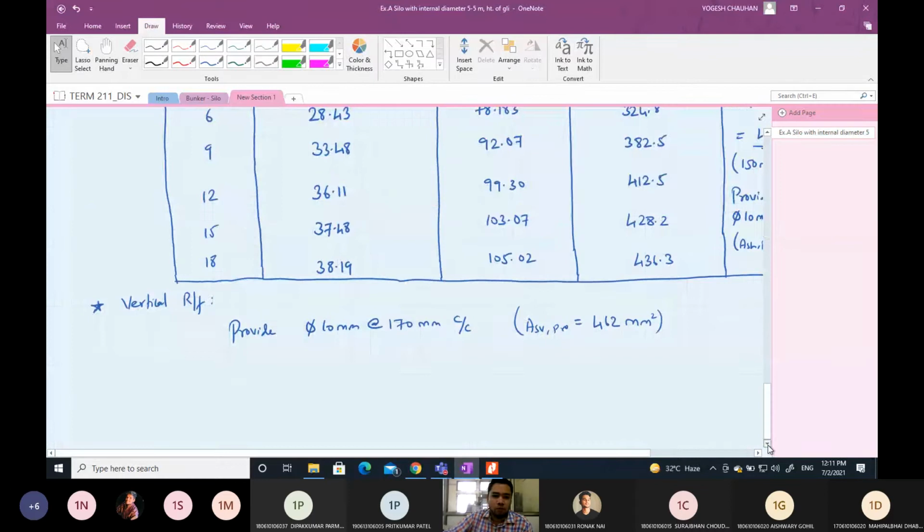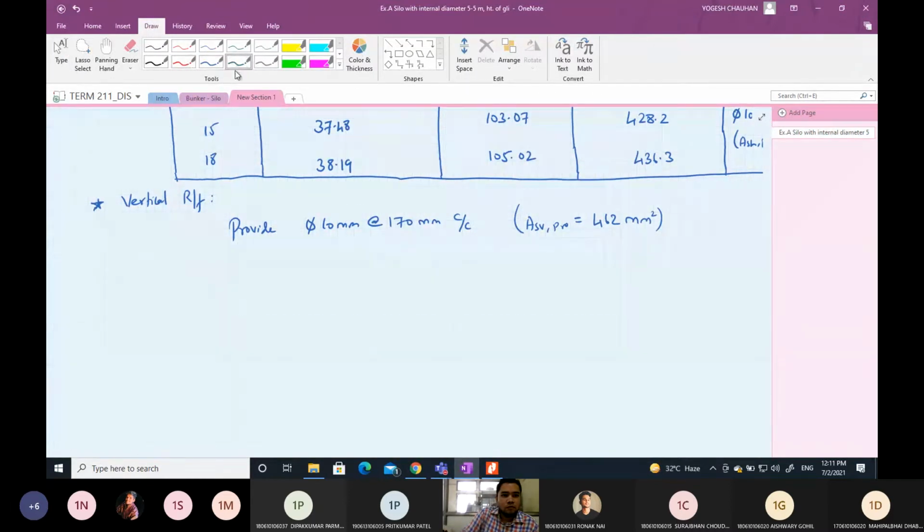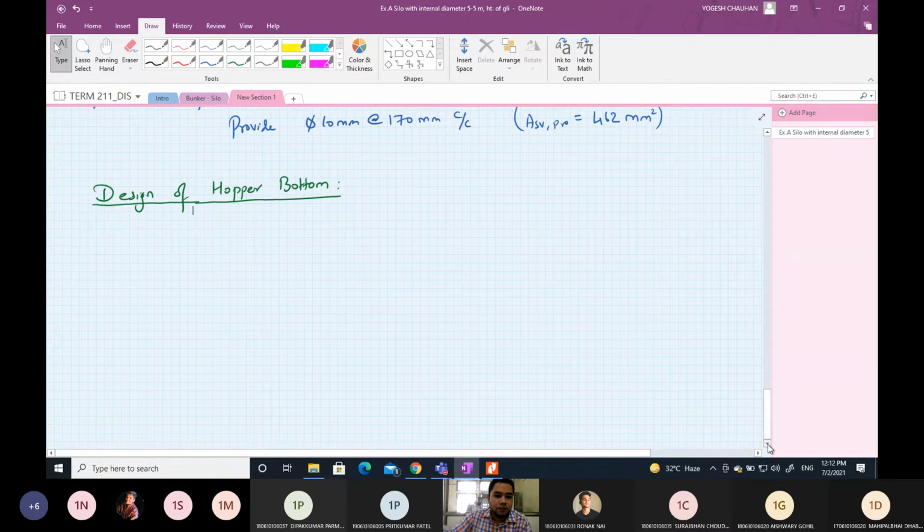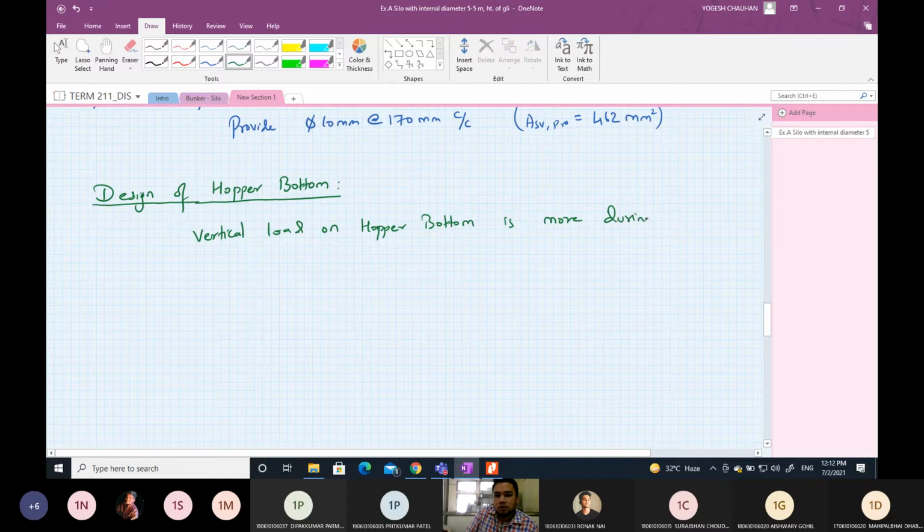Now next is design of hopper bottom. In case of hopper bottom, the vertical load on the hopper bottom is more during filling.